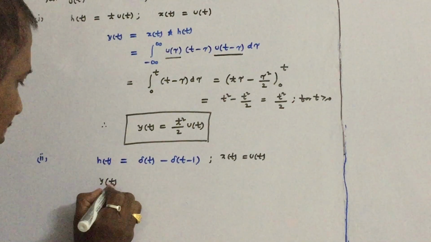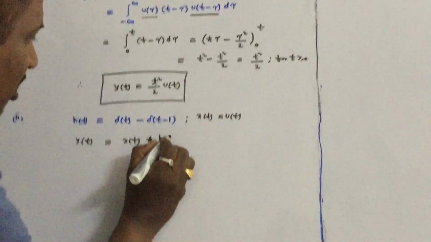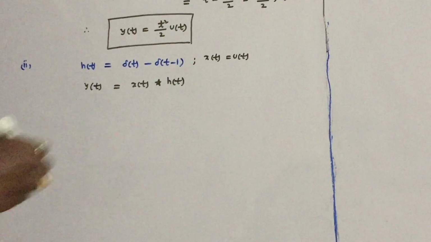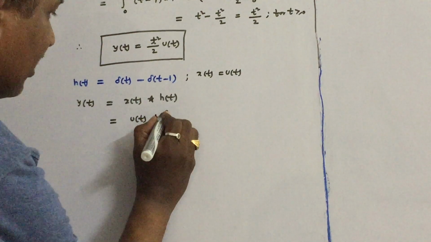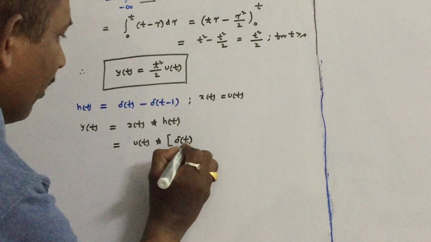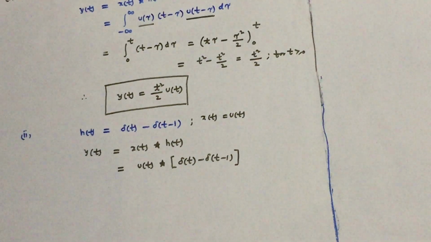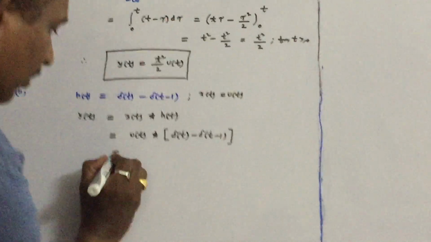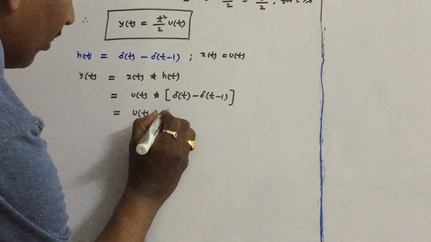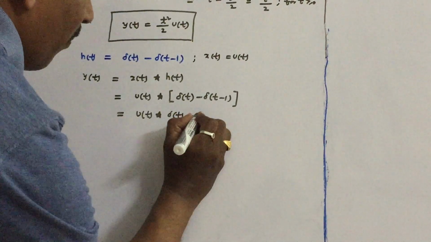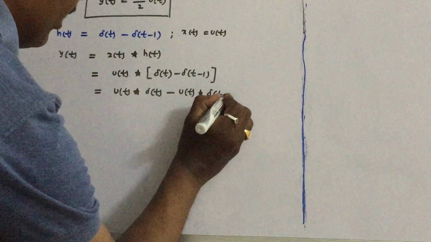So y of t is equal to x of t convolution with h of t, which is u of t convolution with del of t minus del of t minus 1. Apply the distributive property: u of t convolution with del of t minus u of t convolution with del of t minus 1.